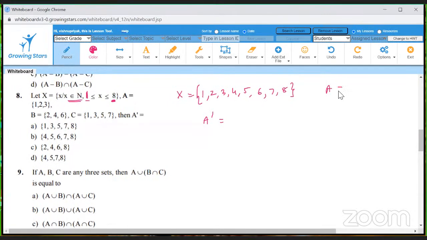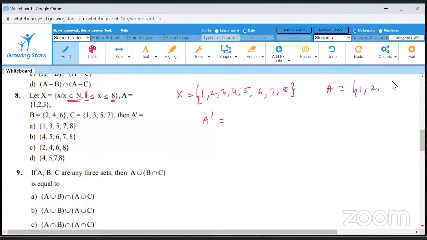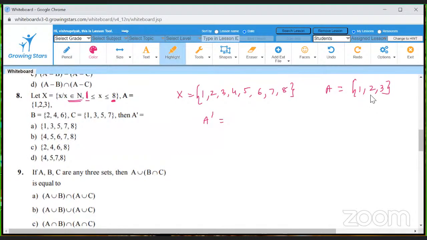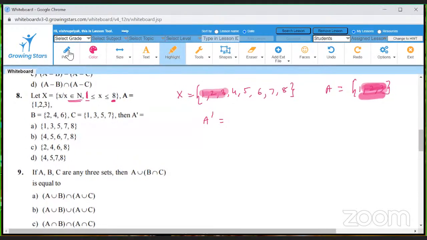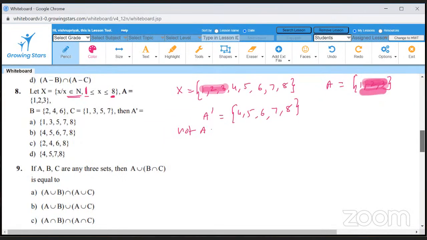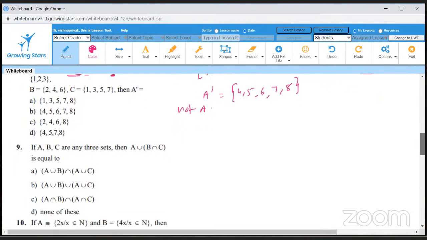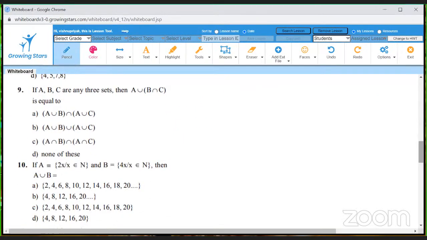First, you must know what is A. A is 1, 2, 3. A dash means take all, but don't take 1, 2, 3. What are left? 4, 5, 6, 7, 8. A dash means not A. Yes, B is the correct option. But you told after I did. You must tell before I do.